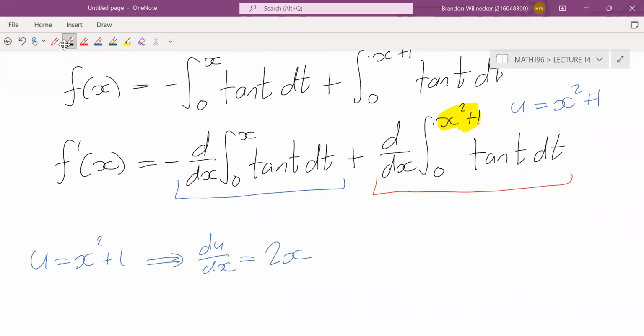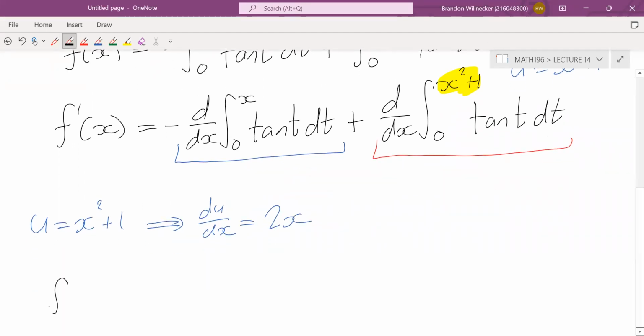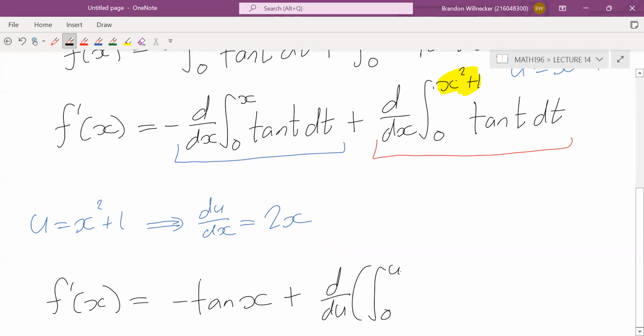Okay, so let's now apply FTC part 1. So we're going to have f prime of x is equal to minus the derivative of the integral. We know that it cancels out. So we have minus tan of x plus. Now the second term is going to be d by du, the integral from 0 to u of tan of t dt. And don't forget the chain rule. We need du by dx.